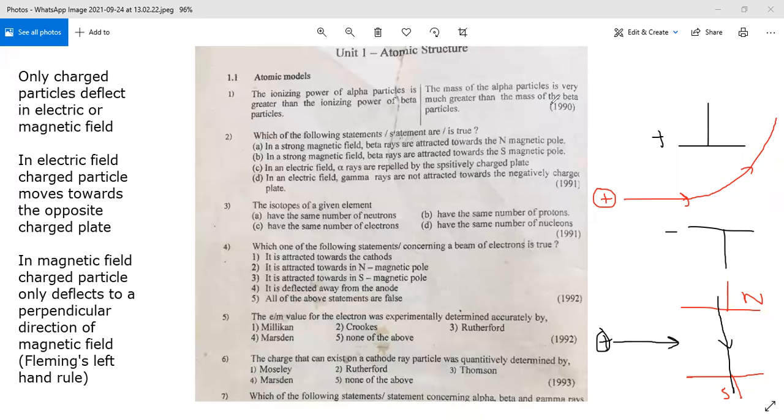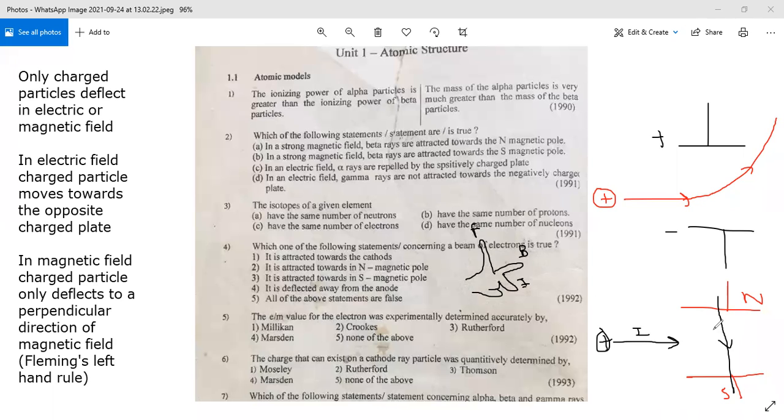Which direction does this deflect? Use Fleming's left hand rule. FBI, I think you can remember it. Thumb gives you force, index finger the magnetic field direction, middle finger the current. FBI, left hand rule. Keep the fingers perpendicular to each other. Positive particle direction can be taken as the direction of current. So the magnetic field is top to bottom according to the screen.